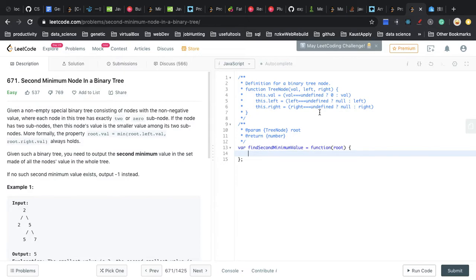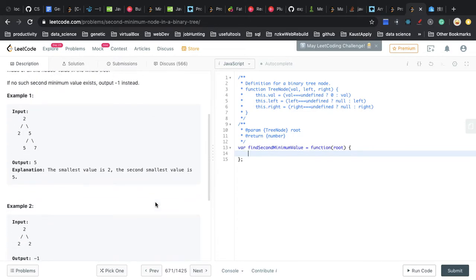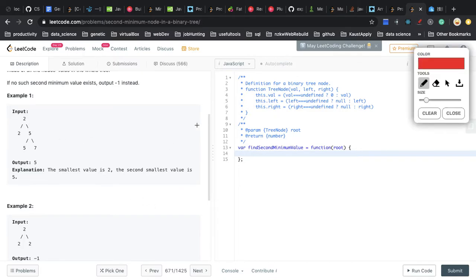So what we need to do is look into example 1 to find some patterns. Basically, we can get the following patterns. The first pattern is that the root node is always guaranteed to be the smallest value.